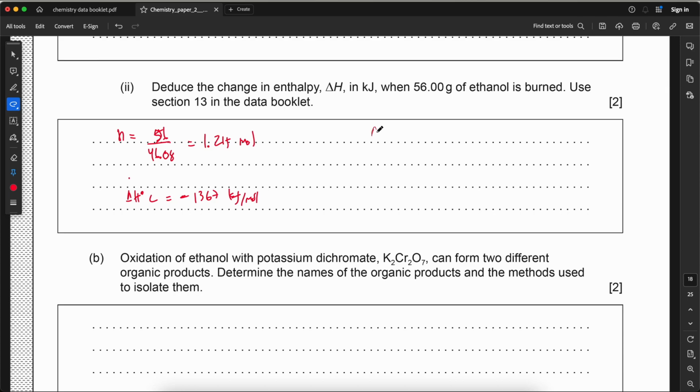So delta H would be 1.215 mole times negative 1,367 kilojoules per mole. Then you will get negative 1,661 kilojoules. It should be negative because it's combustion, an increase in temperature. That's why it's negative.